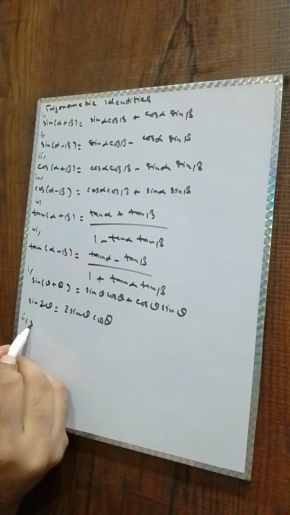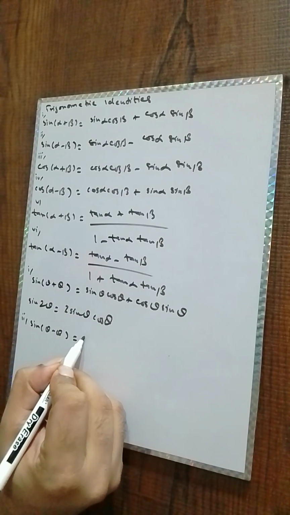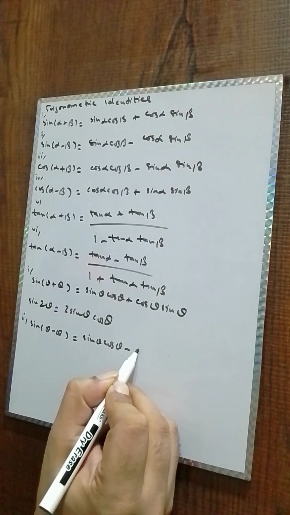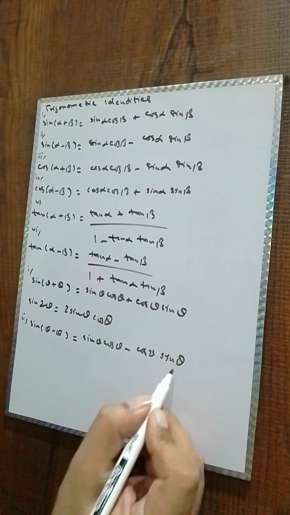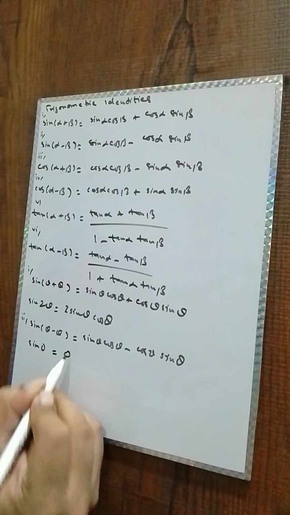And if you go for the second, which is sine theta minus theta, it gives us sine theta cos theta minus cos theta sine theta. Okay, this says what? This says sine of 0 is equal to 0.